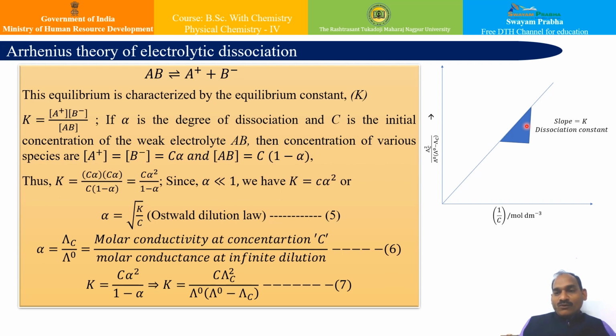Whatever slope I get, we call it the dissociation constant, and this way I can find out the dissociation constant using the Arrhenius theory of electrolytic dissociation in the case of a weak electrolyte.